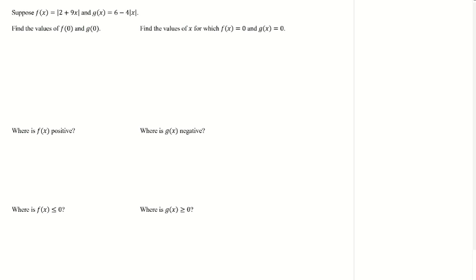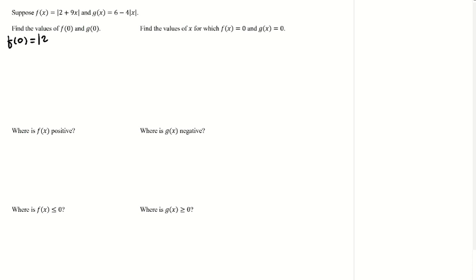Alright, the last thing I've got for you is, here we have f of x equals the absolute value of 2 plus 9x, and g of x is equal to 6 minus 4 times the absolute value of x. So if they ask us to find the values of f of 0 and g of 0, well, over here, f of x is the absolute value of 2 plus 9x, and we're trying to find f of 0, so we just replace x with 0.